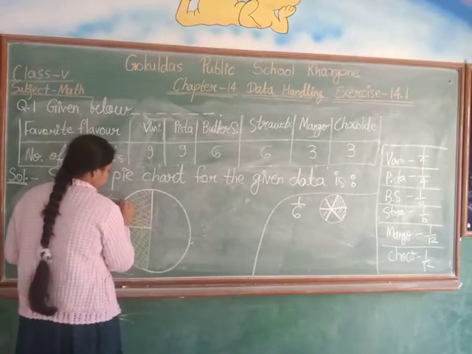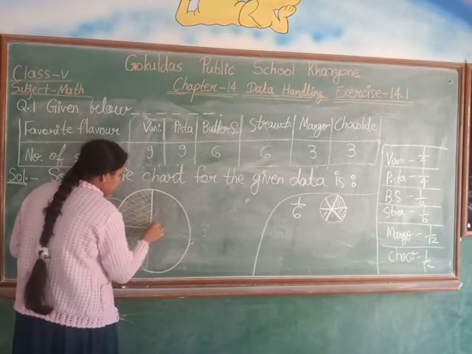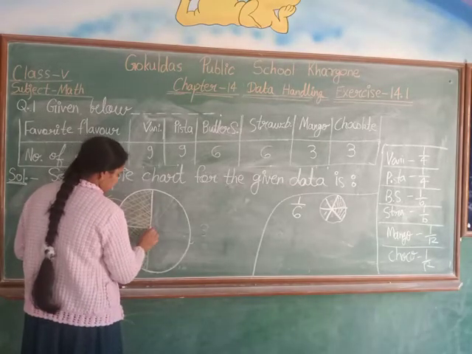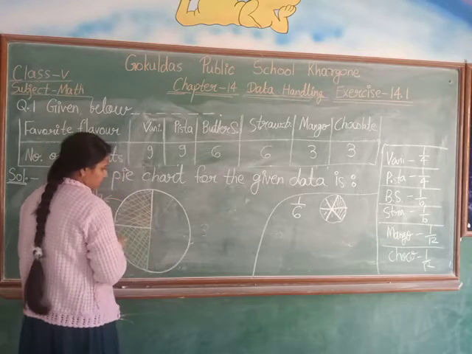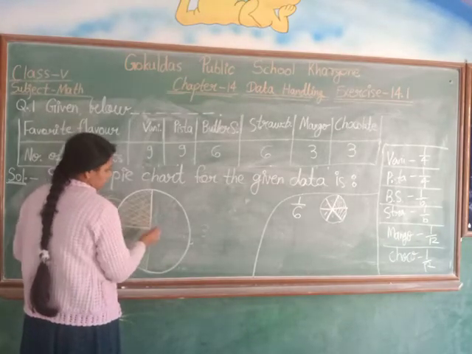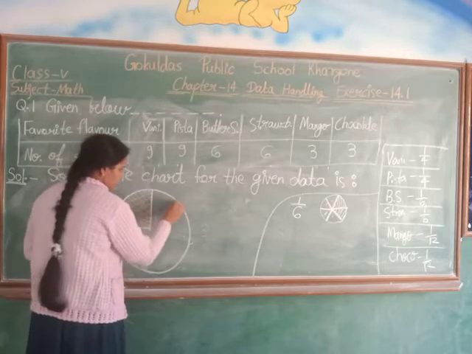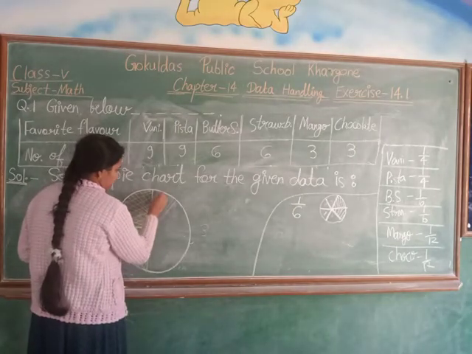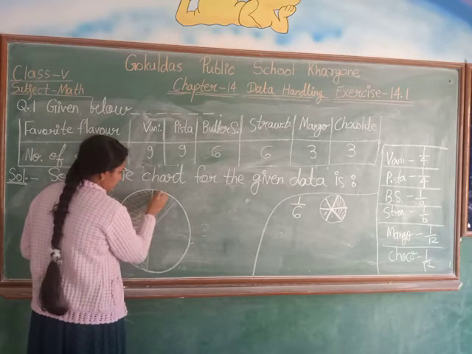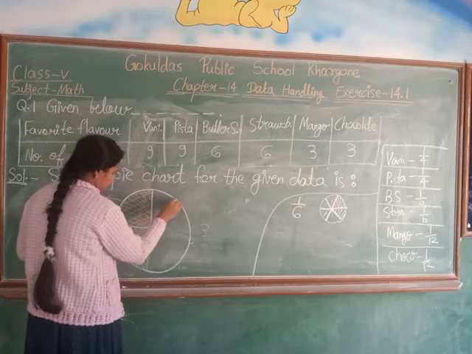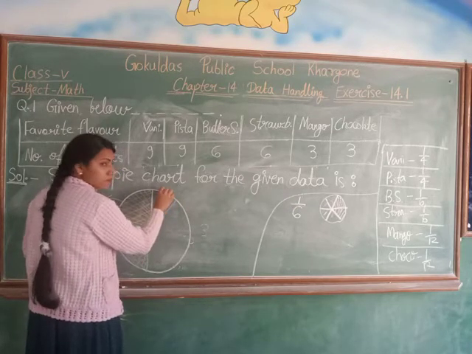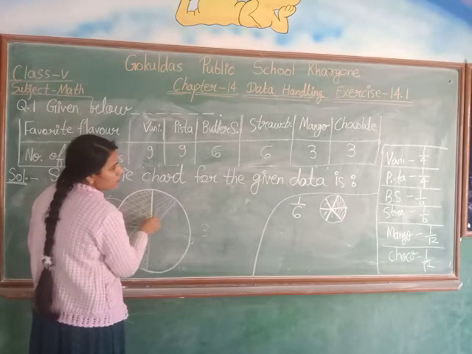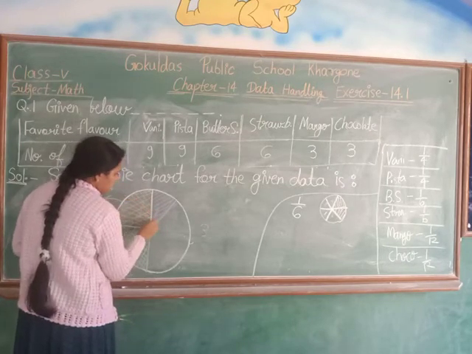So I must equally divide the circle. 1, 2 and 3 parts. So this part is showing which flavor? 1/6 is representing butterscotch.